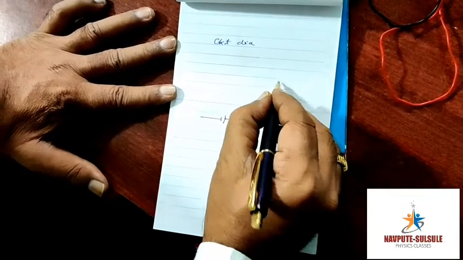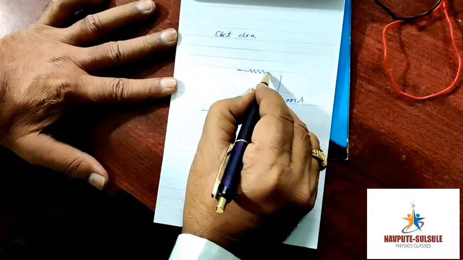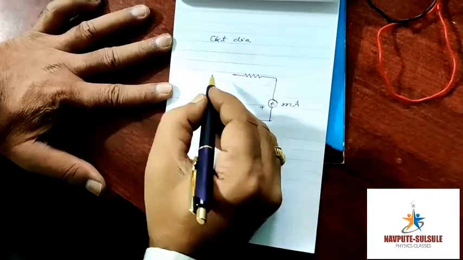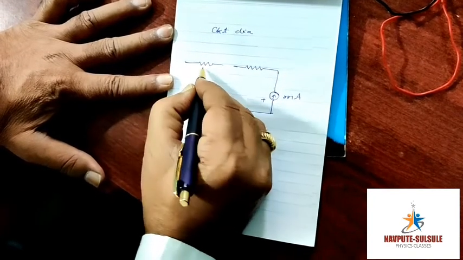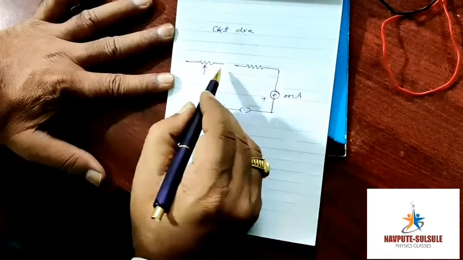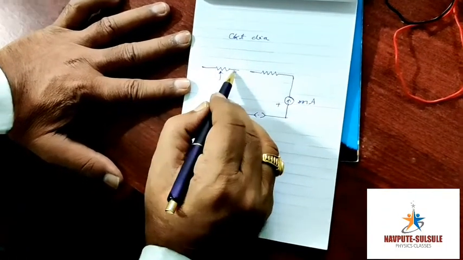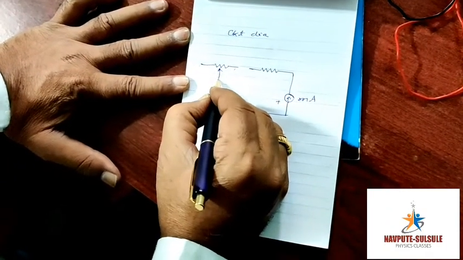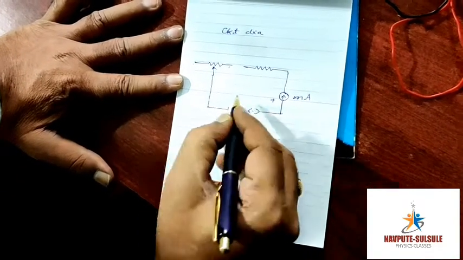The negative terminal is further connected to the resistance whose value is to be measured. This is in fact a rheostat, with 2 straight wires suggesting base ends, and this variable terminal connected to negative potential of the battery.